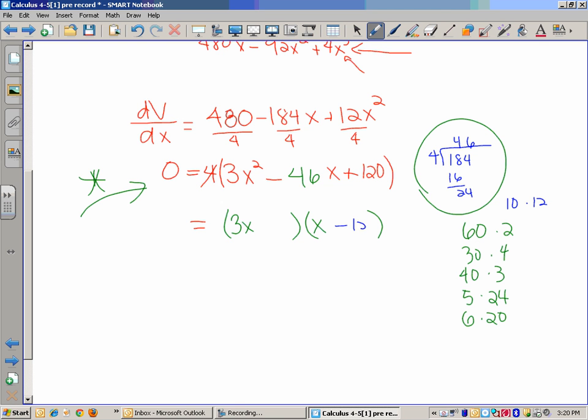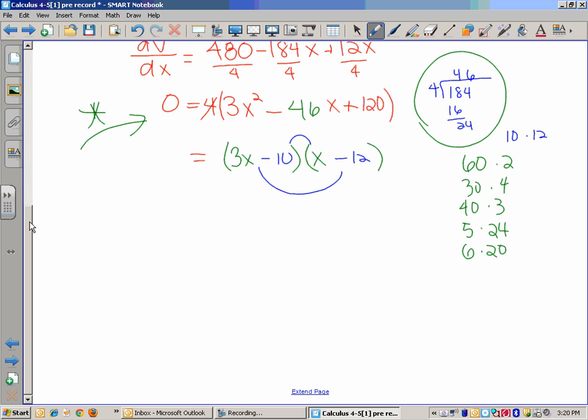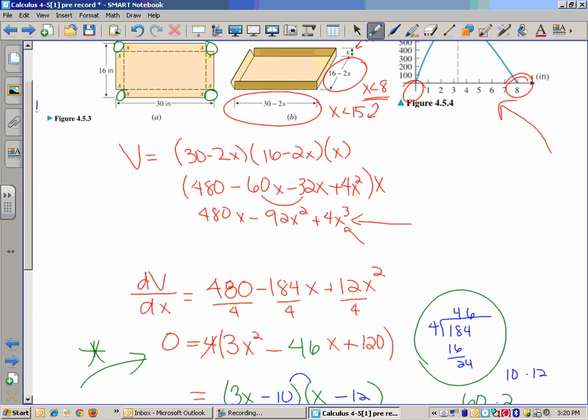So minus 12, minus 10. So negative 36, negative 46. All right, I am so slow sometimes. I hope you did it faster than I did. So x is either 10/3 or 12. And when I come back up and look at what my domain restrictions were earlier, 12 is outside.